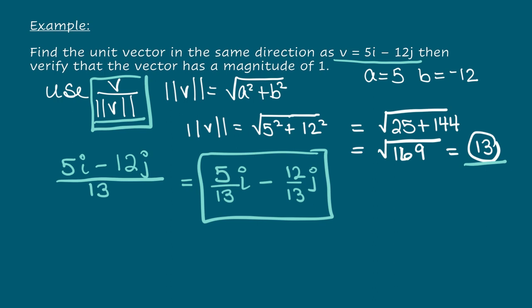Now we were also asked to verify that it has a magnitude of 1. What that means is that we want to calculate the magnitude of this new vector. So we want to take a and b and apply our magnitude formula and see if it equals 1.